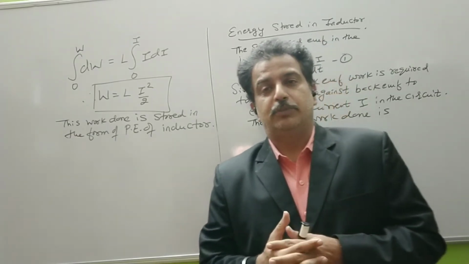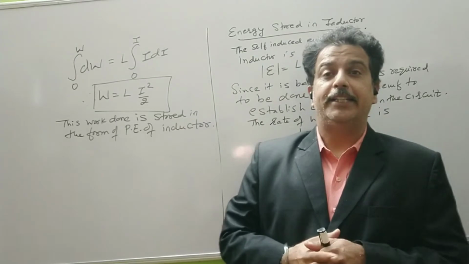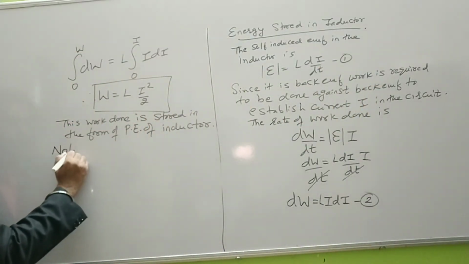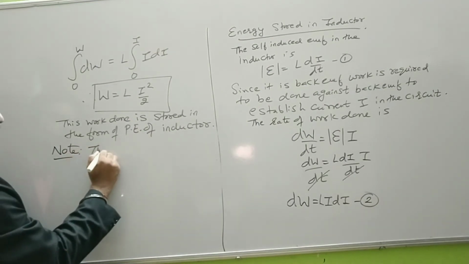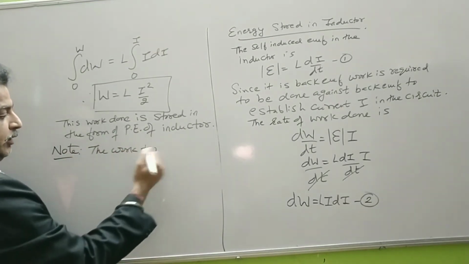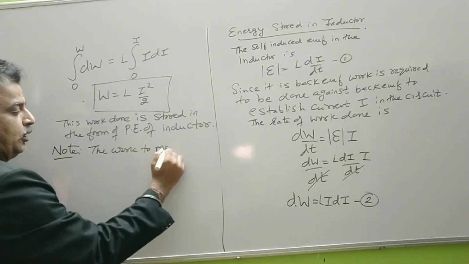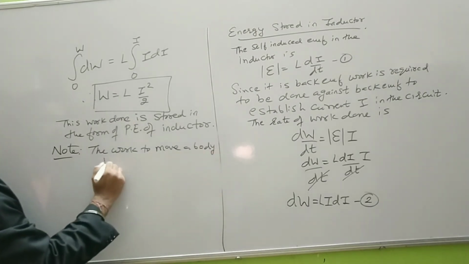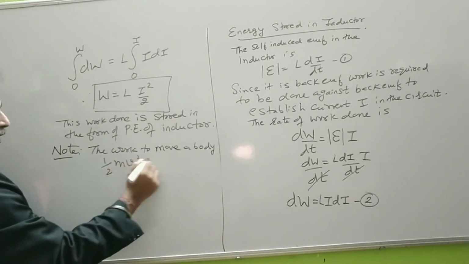The energy possessed by a body due to its motion is called kinetic energy. And if you remember, the expression for kinetic energy was half mv square.